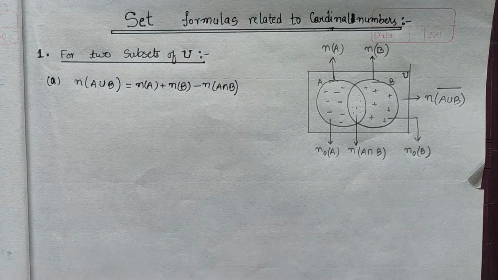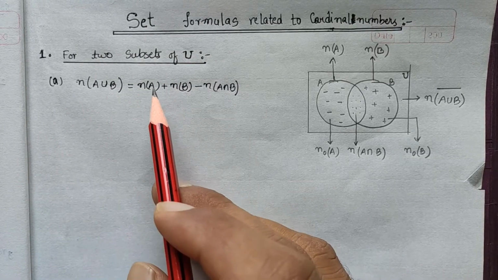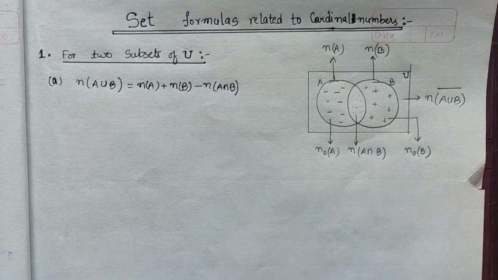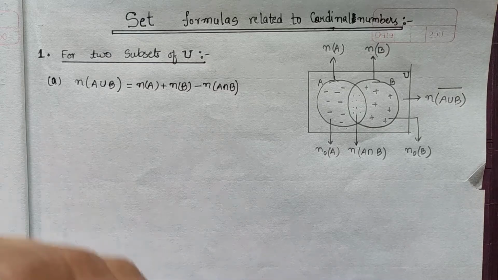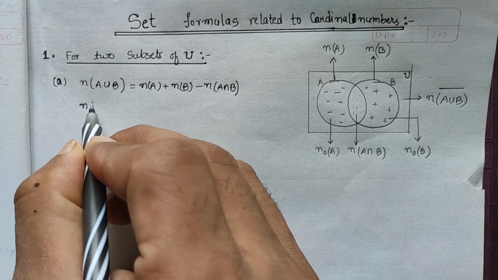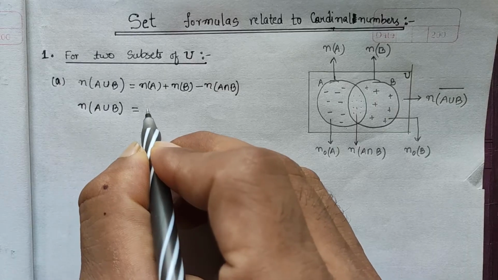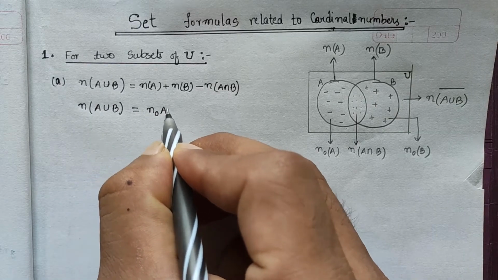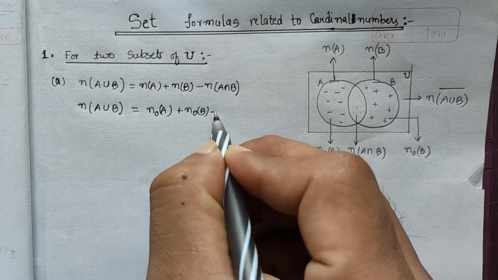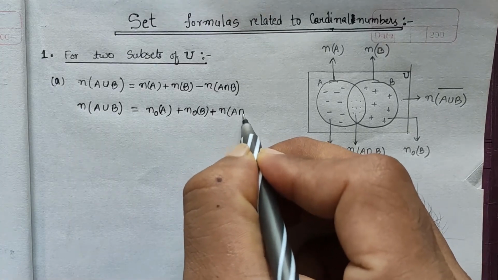Okay, so while solving for A union B, you can write the formula n(A) plus n(B) minus n(A intersection B). Okay, and we have another formula for A union B, that is n(A union B) is how much? By seeing the figure, n(only A) plus n(only B) plus n(A intersection B).